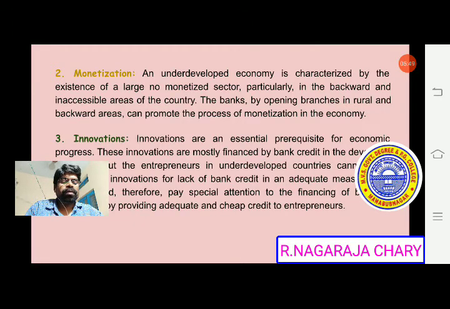Generally there will be a difference between rural and urban areas. When banks are established in rural areas, the flow of money will continue from rural areas to urban areas. This will happen by establishing the branches only.